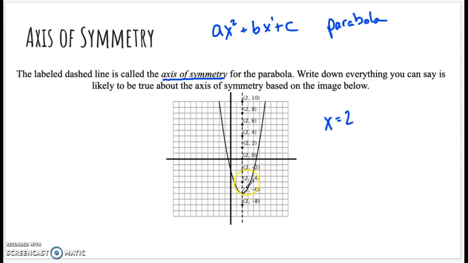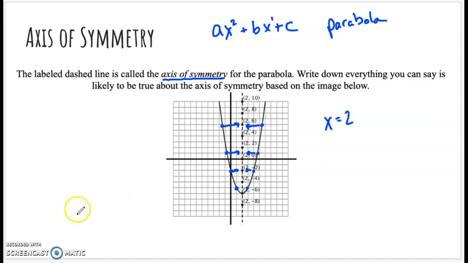And then on our parabola, every point directly across from the axis of symmetry is an equal distance away, right? This distance is equal from here to here, from here to here. It doesn't matter where. This one's not as nice for us to see, but it's still an equal distance away from our axis of symmetry.